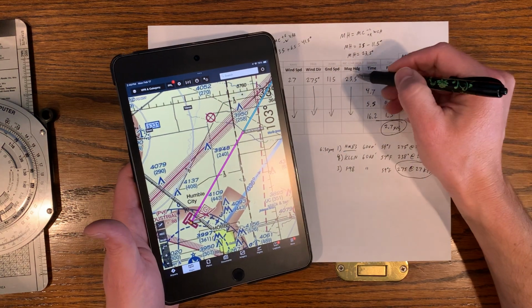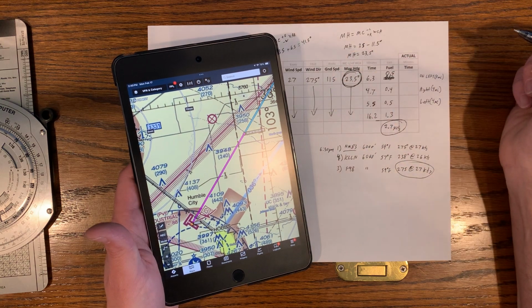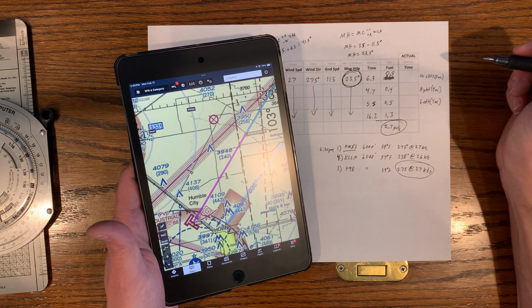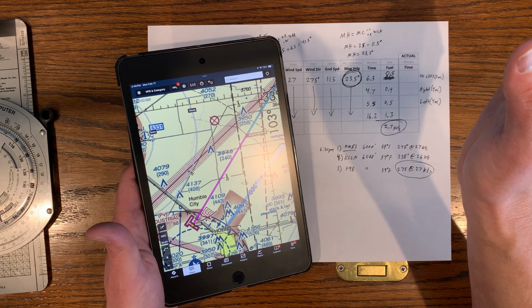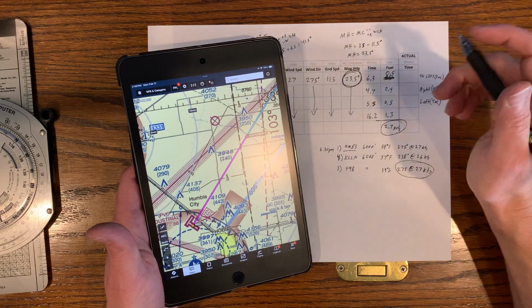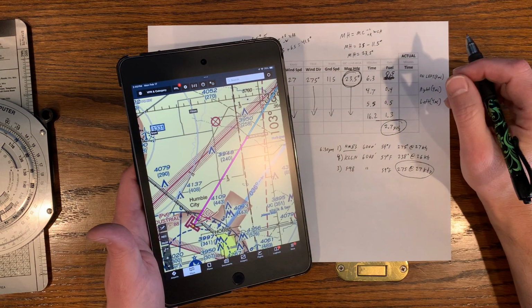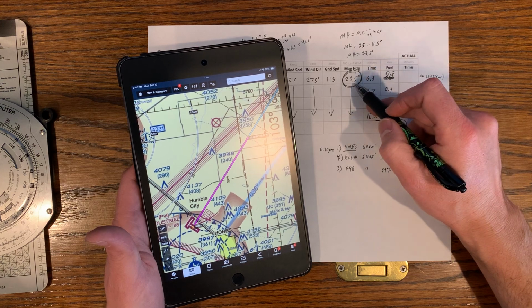What heading? 23.5. That is the heading we are going to fly with our heading indicator, set with the compass, verified on the runway. If the runway is a little different, then we set it to the runway heading and we take off. Of course, there's compass correction and all that kind of stuff. So we're flying 23.5 degrees.